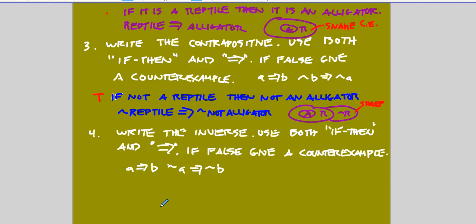Okay, so the inverse will be if not an alligator, then not a reptile. We're negating the original hypothesis and conclusion.